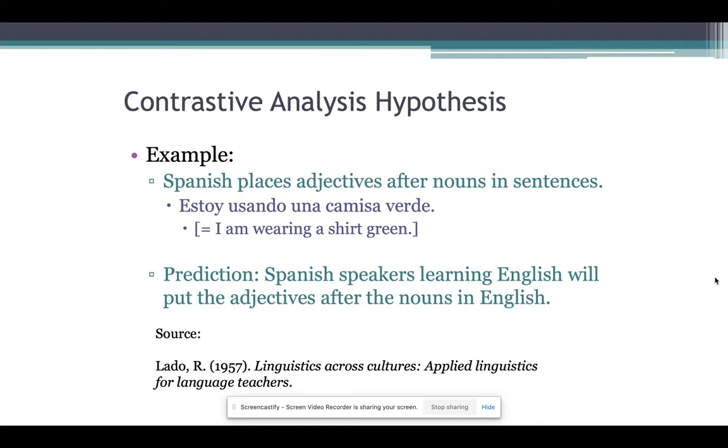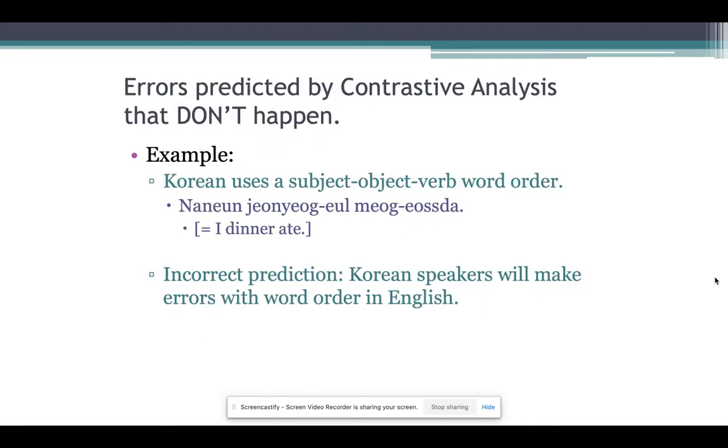The problem, however, was that this research showed that the CAH did not accurately predict all errors made by second language learners. In fact, some errors made could not be attributed to the first language at all. So, for example, let's look at some examples.